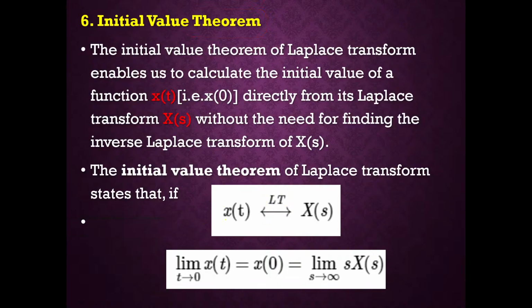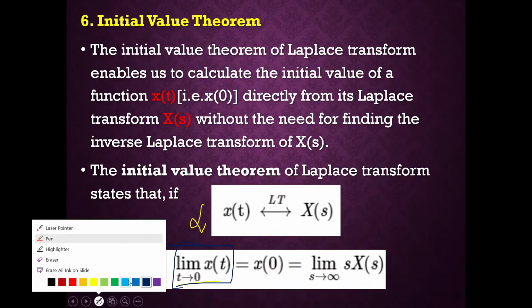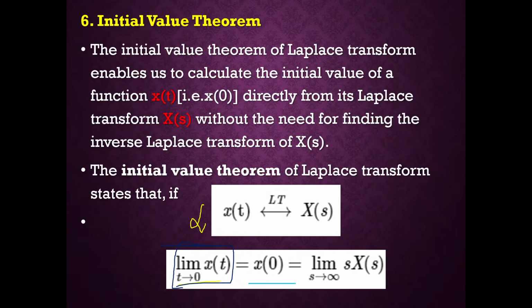Now, if we have x of t with the limit t tends to 0, that will be equal to x of 0.